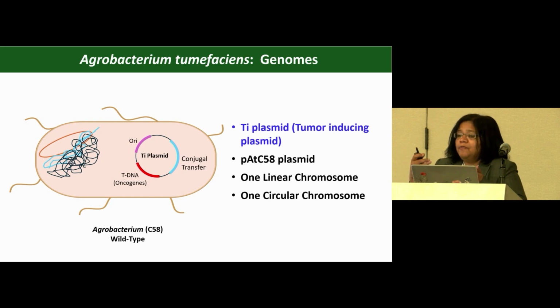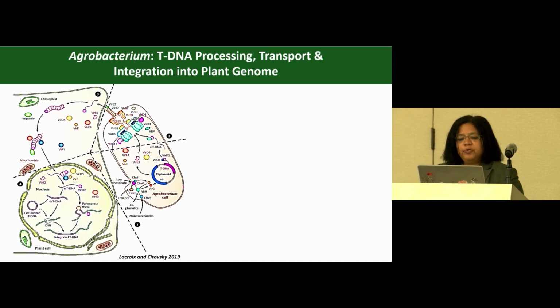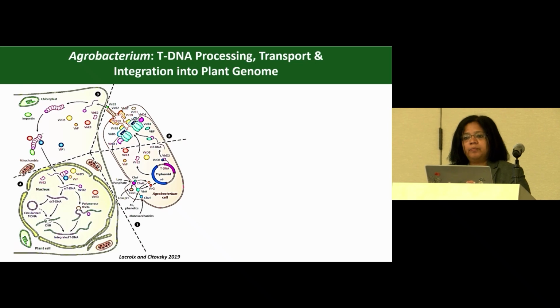So we know that agrobacterium infects plants, and when agrobacterium comes closer to the plant cell, a signal happens, a plant-derived or environmental signal, that induces the agrobacterium proteins, and that leads to the transfer of the tDNA into the plant cell.